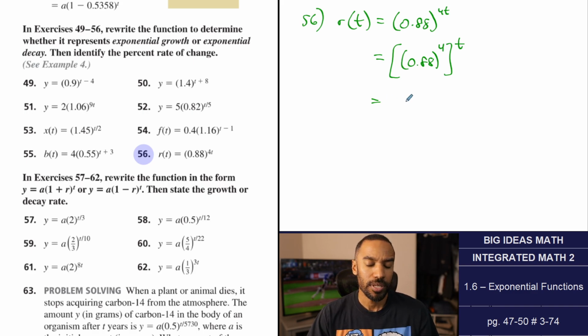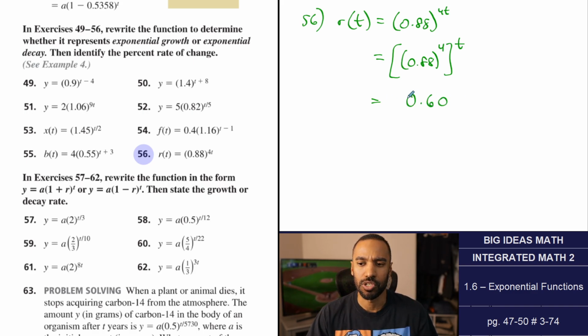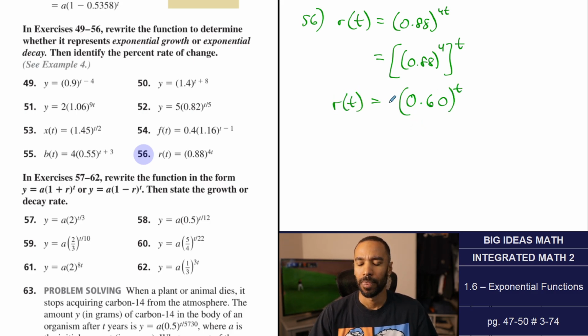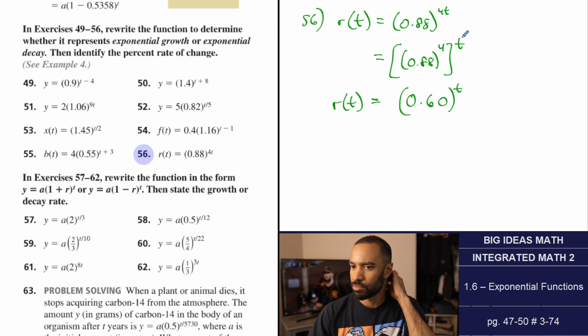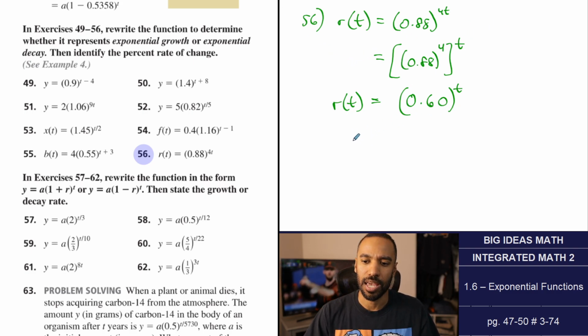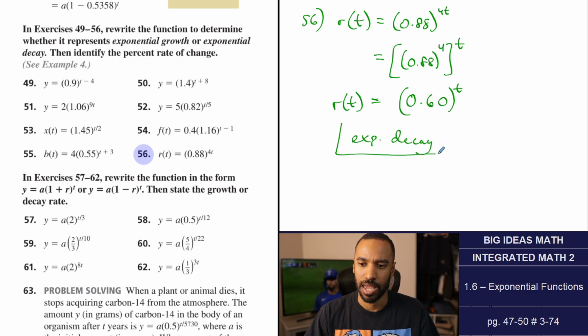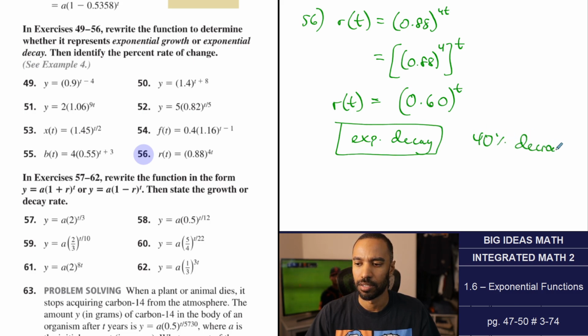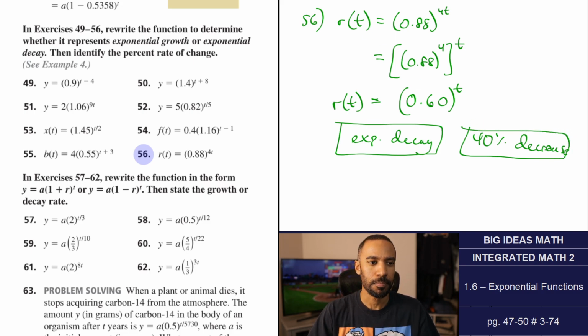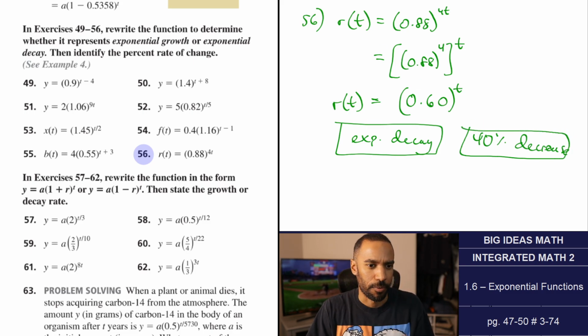So 0.60 to the t power. So r of t, there's the model. That goes back to number 49, right? Wasn't that a 40% decrease? So this is exponential decay and a 40% decrease. Or maybe the other was a 60%. I can't remember. I forget which problem it was.